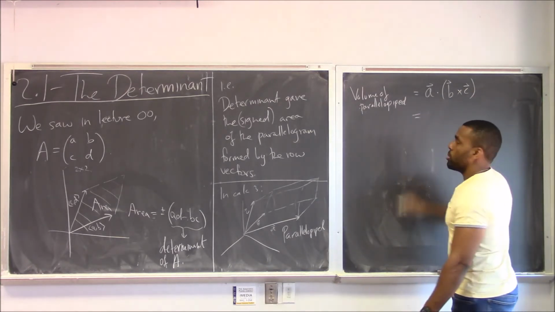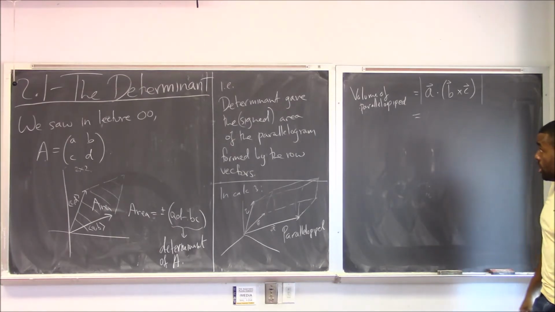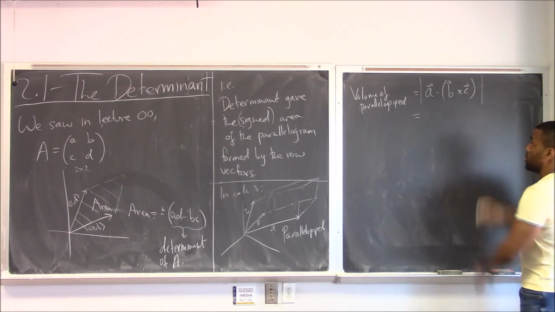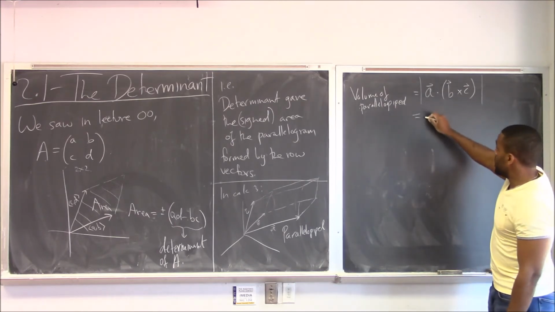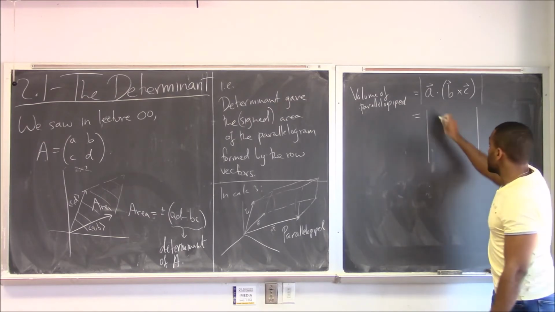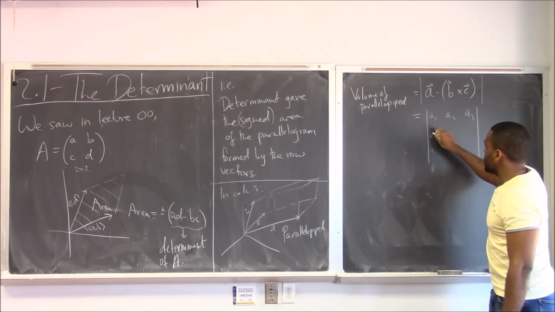But how did you end up computing that? Well, it was the magnitude of A dot B cross C. The dot product gives you a scalar, which could be positive or negative, so you put the absolute value around it. But this was computed as what? It was actually a determinant, right? You put these bars here. They never told you it was a determinant at the time, I don't think.